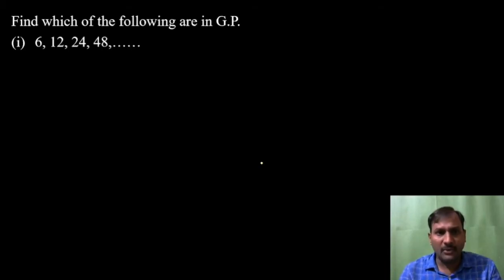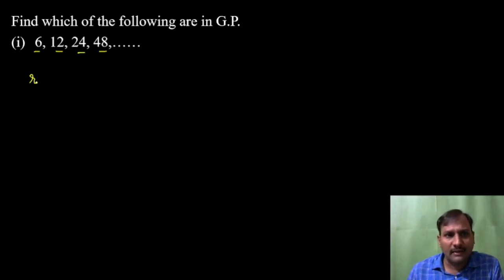Now let us check which of the following are in GP. First: 6, 12, 24, 48 and so on. To check whether the given list of numbers is in GP or not, we have to find the common ratio R. Let us take 12 by 6, or A2 by A1. The ratio between any two consecutive terms should be the same. 12 by 6 is equal to 2.